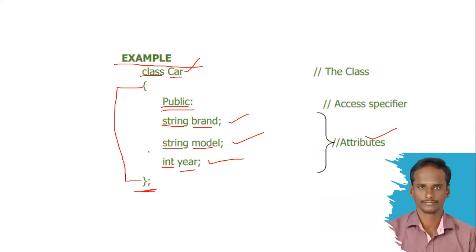It does not mean that we must have both data members and member functions. It is optional. If you want, you can define them. If you don't want, you can omit them. That is no problem. But for a simple example, we have created a car with some set of attributes. So the class name is car, and under the public access specifier we have defined three attributes called brand, model, and year. Brand and model are of type string, and year is of type integer.